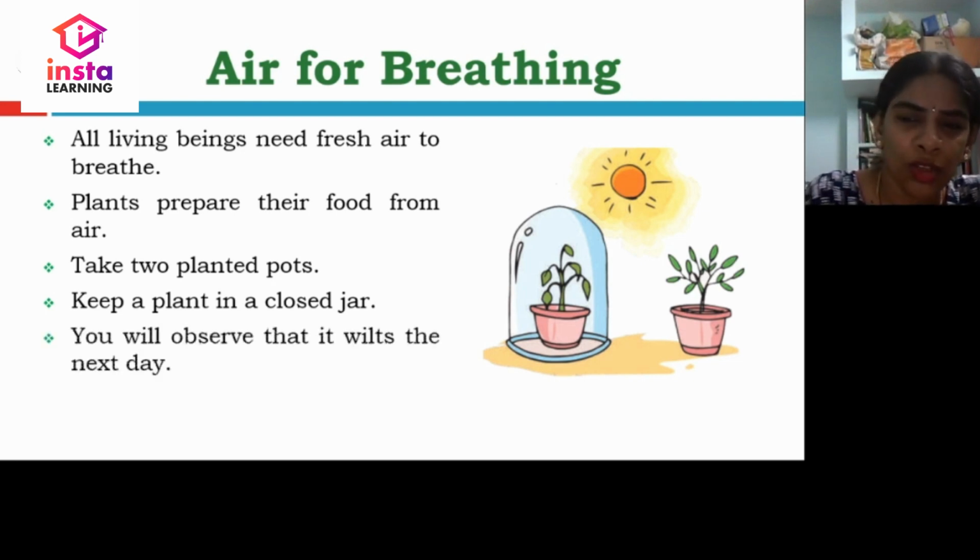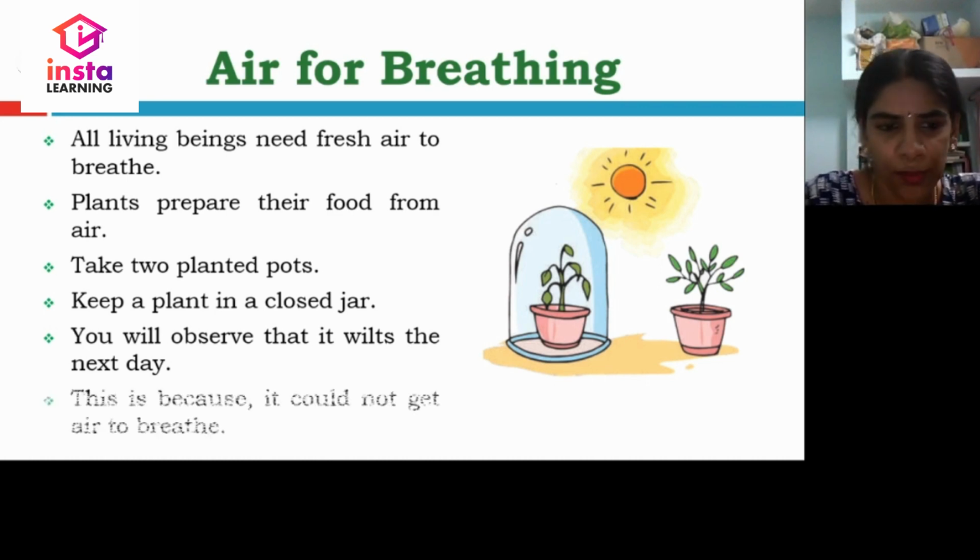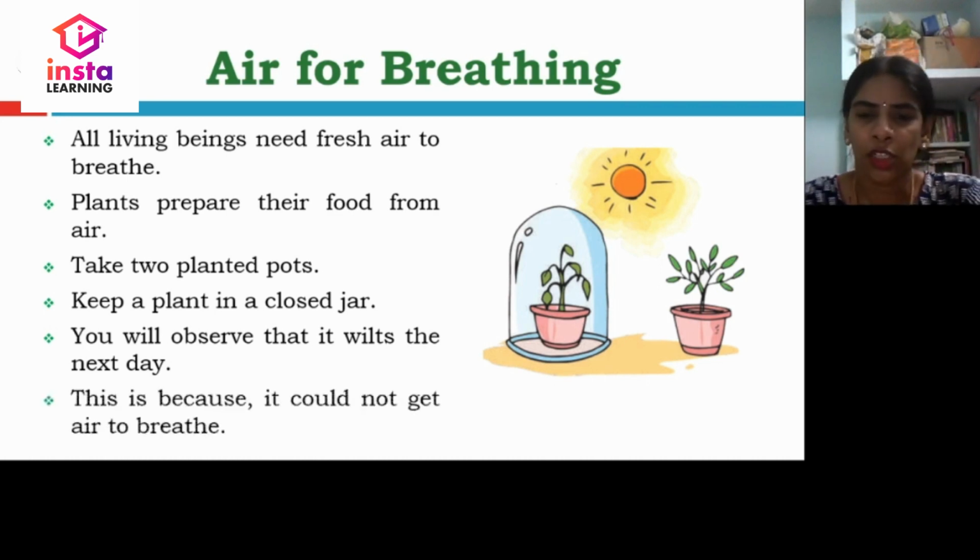What will you see? You will see that the closed jar plant wilts, that is, droops the next day because there is no air in the closed jar. This is because it could not get air to breathe, whereas the one without the closed jar grows beautifully.